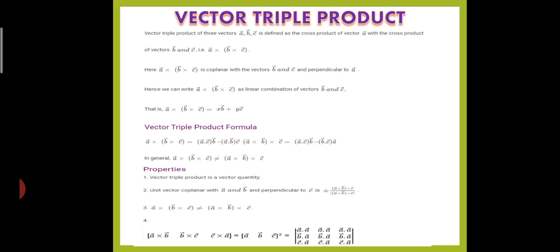For example, A cross (B cross C) is equal to (A dot C)B minus (A dot B)C. This is known as the triple product expansion, or Lagrange's formula, although the latter name is also used for several other formulas.